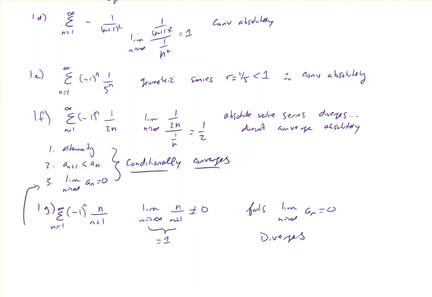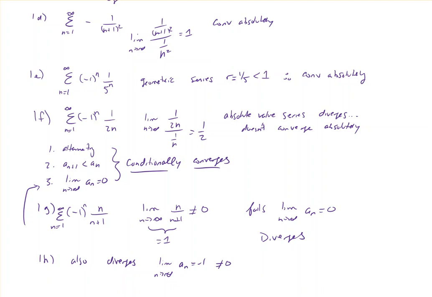And folks, same thing for h. 1h also diverges. I mean, it's the same thing. It's actually, sorry, it's -1. You plug in infinity, you get 1 over infinity minus 1. So instead of being +1, the limit equals -1, which also fails.